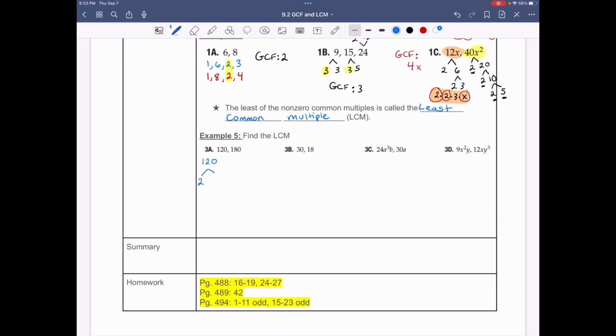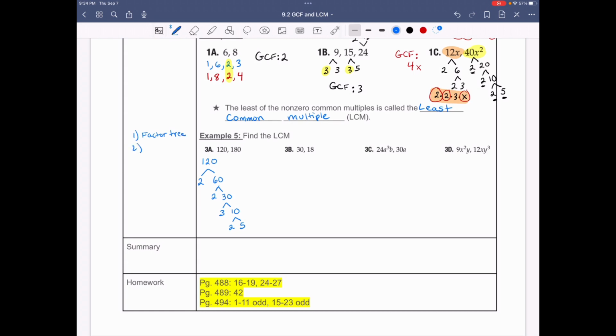So I'll start by dividing by 2, and that gives me 60. And I can divide by 2 again, 30. And then I can divide by 3 and get 10. Then I can divide 10 into 2 and 5. So now I could write the prime factorization. So the first thing we do is factor tree.